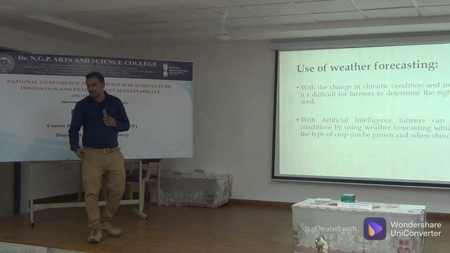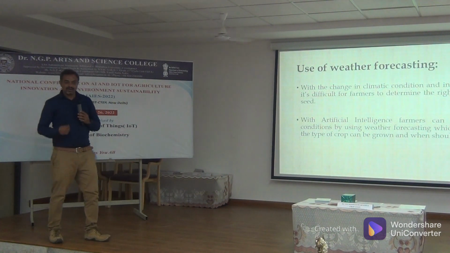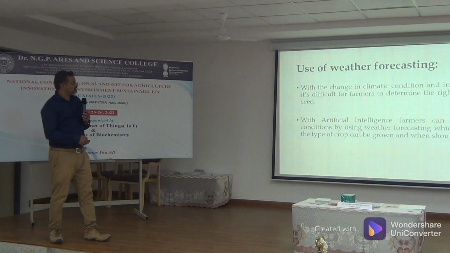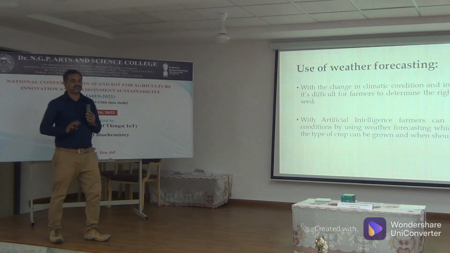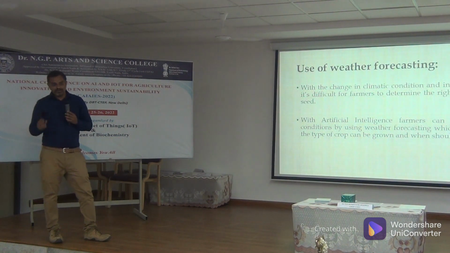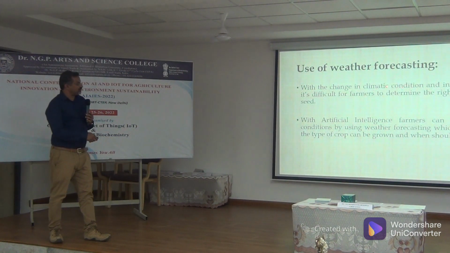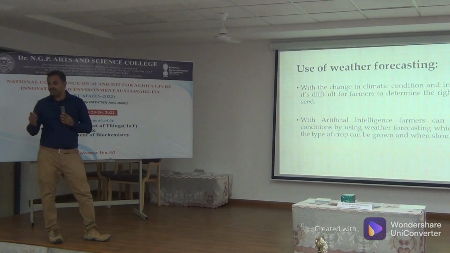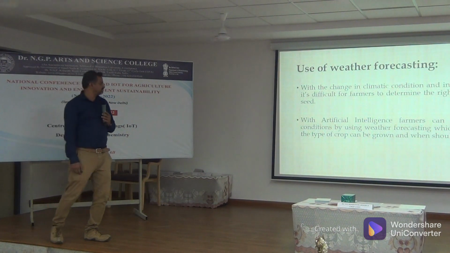Sowing seed is a very, very important point. A particular time you really need to understand, especially if there is no change in the climatic condition. If you come out of these conditions and pollution, then you have a time to sow seeds, and finally you can yield a good result.